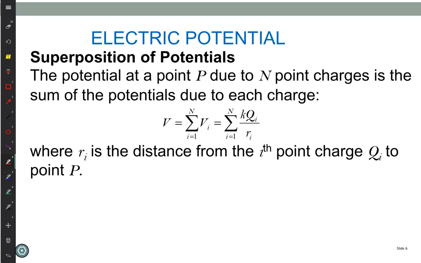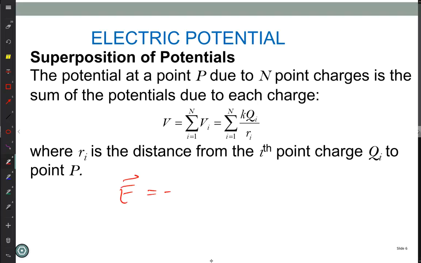A lot easier than finding the electric field, because the electric field I had to add them as vectors. And in the calculus class, we'll learn that you can just take the derivative of the electric potential to find what the electric field is. That equation is, I think there's a minus sign.